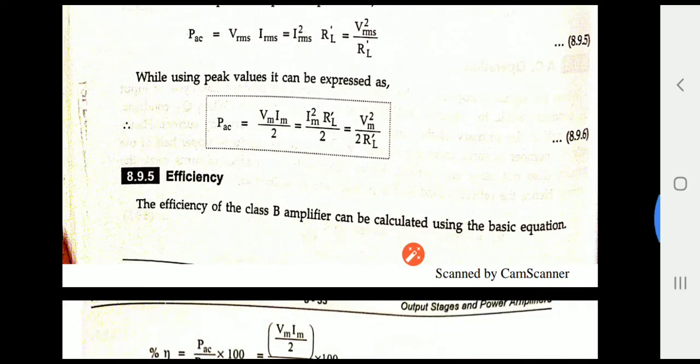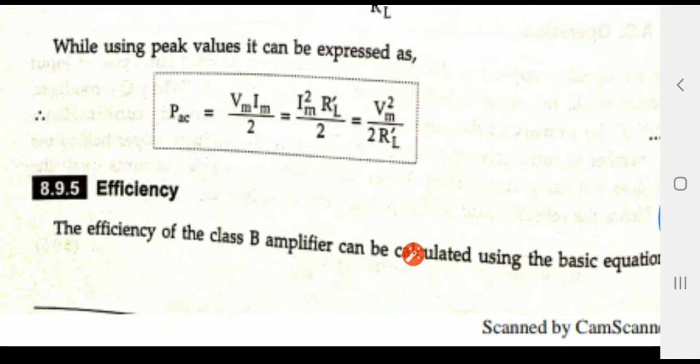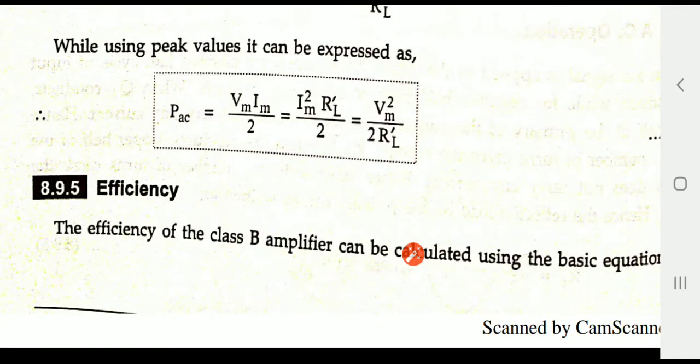Remember these formulas. Here PAC is nothing but Vm into Im by 2. Using Vm equals Im into RL dash, which I already explained, this is Vm square by 2 RL dash. Remember this formula, I am going to use it in the maximum power dissipation. This is about AC power output.